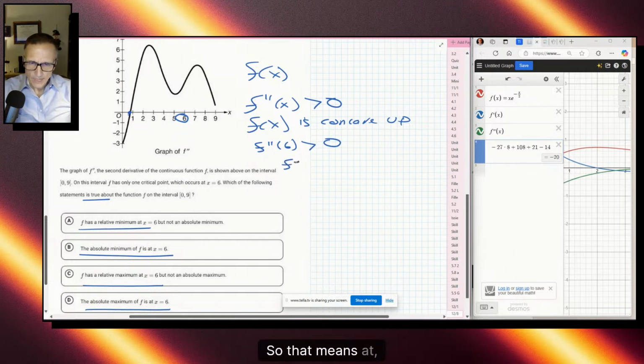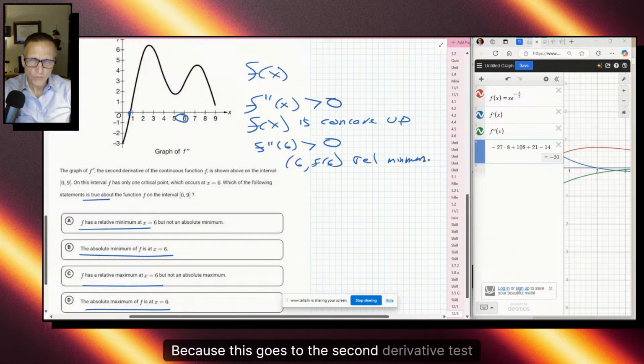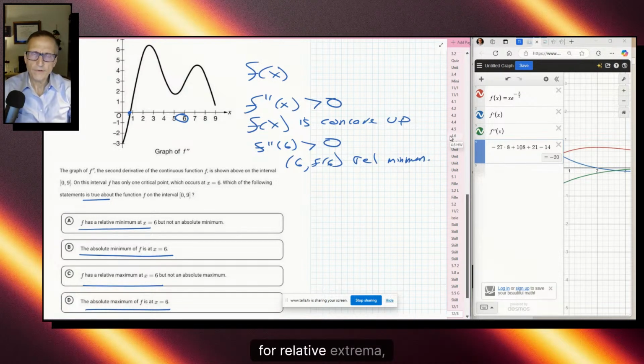So that means at the point 6 comma f of 6, since it's a critical point, that has to be a relative minimum, because this goes to the second derivative test for relative extrema.